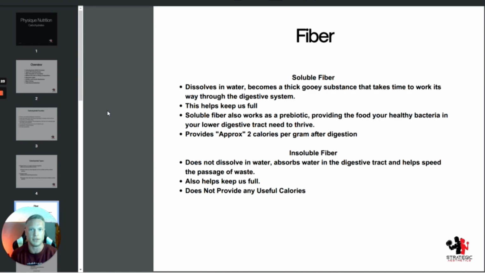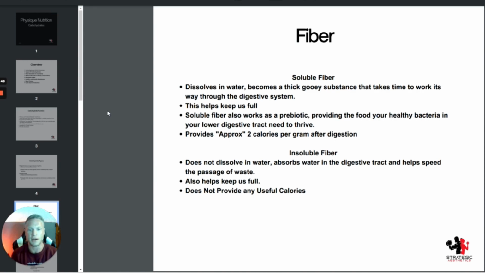This thick, gooey substance also becomes a prebiotic and allows for a healthy gut biome in the lower digestive tract within a healthy range. It also helps us stay full throughout the day, so it can help with some hunger signaling.